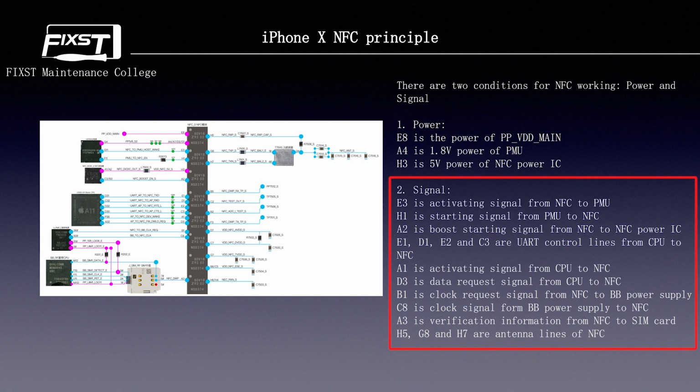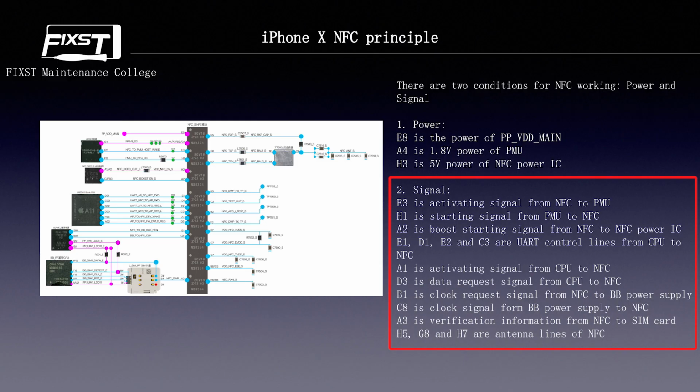E1, D1, E2, and C3 are UART control lines from CPU to NFC. A1 is activating signal from CPU to NFC. D3 is data request signal from CPU to NFC. B1 is clock request signal from NFC to BB power supply.